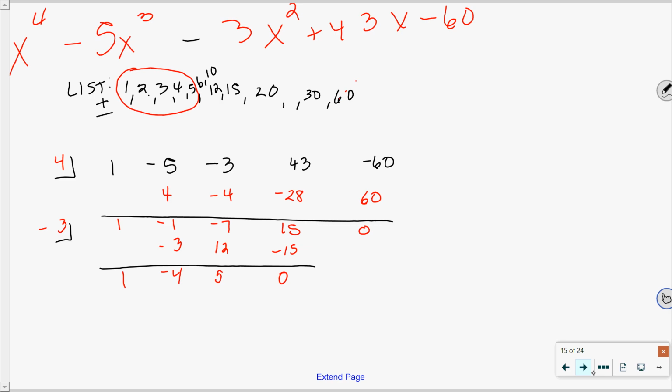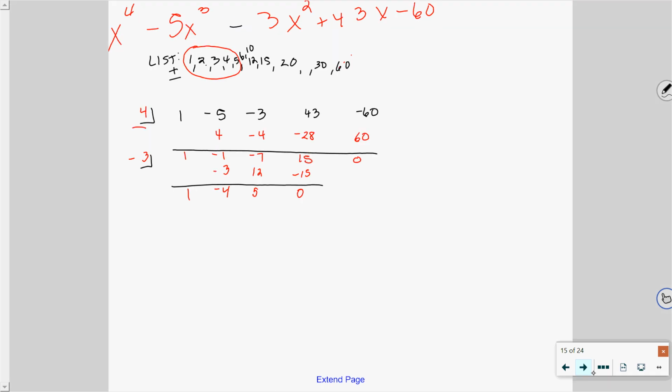All right, so let's see what we got on this, right? I have x equaling 4 being a 0. So that means the factor is x minus 4, right? And then I have the 0 being x equals -3.